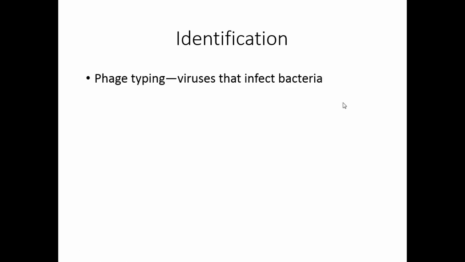Phages are actually bacteriophages. Bacteriophages are viruses that infect bacteria. Viruses are usually very specific for the type of cell they infect, and some bacteriophages are so specific that they only infect particular organisms.